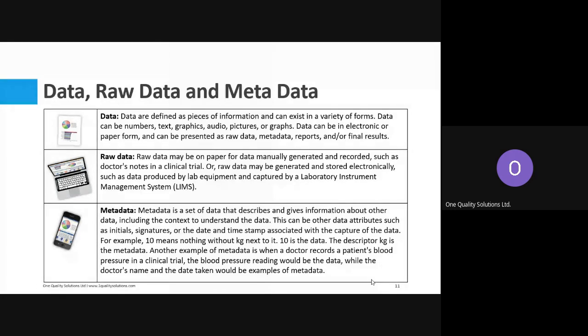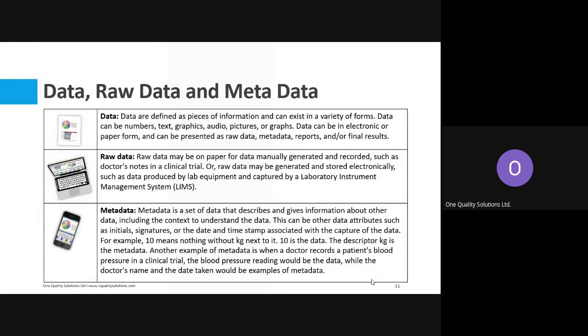When you test or do something on the production floor or anything in the GMP environment, the first generated data is the raw data. That is the first generated data in the logbook, or if you use a computer system, the first generated data in your system as an electronic file is the raw data.